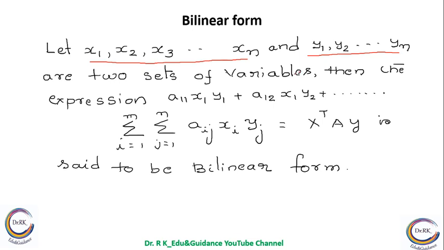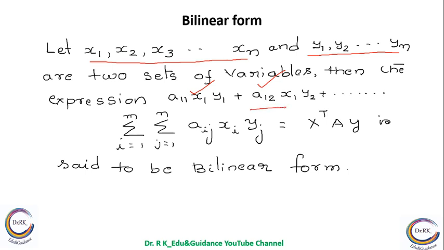In the same fashion, we take constants aij, where the expression is of the form a11 x1 y1, a12 x1 y2, and so on, which can be written as summation i equal to 1 to m, j equal to 1 to n of aij xi yj. If we take i equal to 1, j equal to 1, we get a11 x1 y1. Similarly, i equal to 1, j equal to 2, we get a12 x1 y2, and so on.